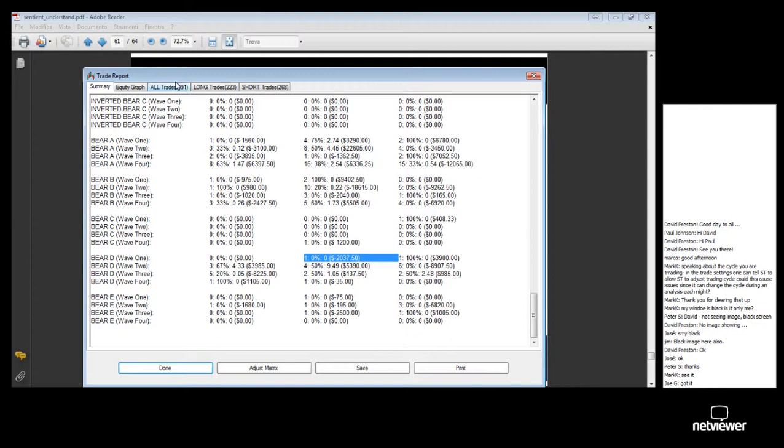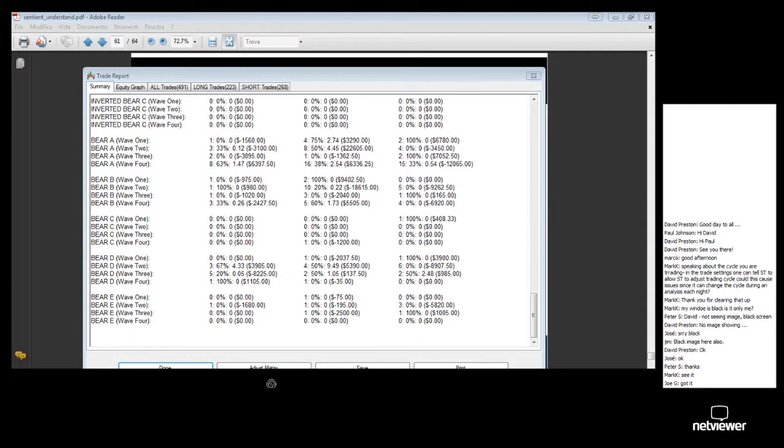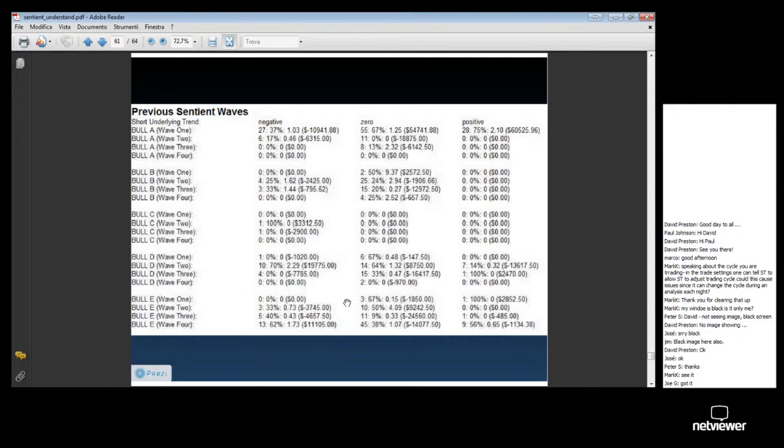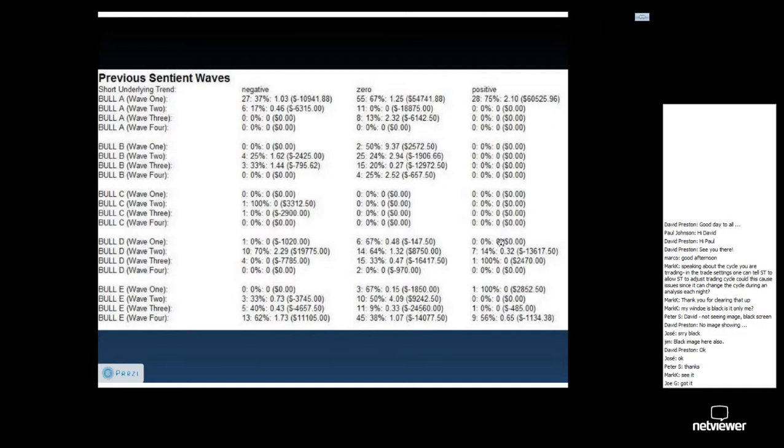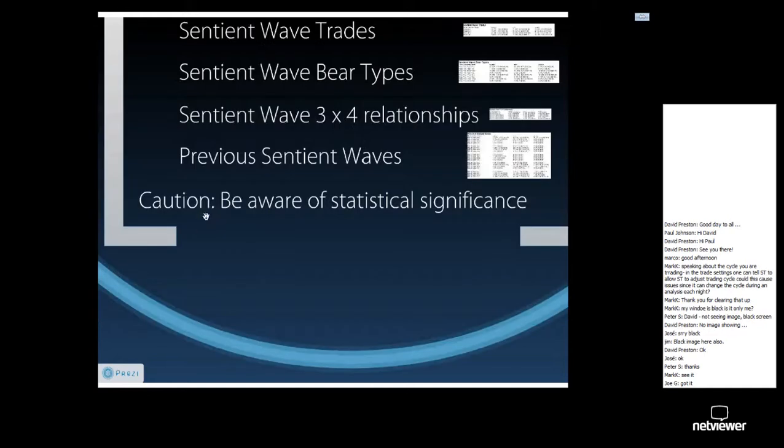So let's go to our trading report and quickly see bear D. Bear D, there we go. I'm about to take a wave 1 trade, and I have a neutral underlying trend, and you can see that there was only one out of the 491 trades that were taken. Only one of them was taken under similar circumstances, and it was a losing trade. It lost $2,000, so that doesn't bode very well for this upcoming trade.